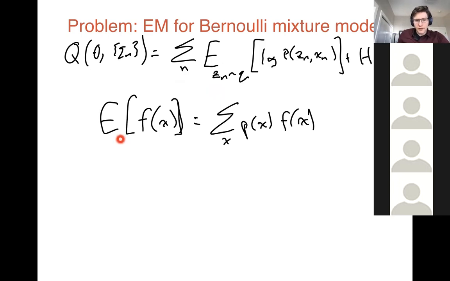Usually we don't have to write any subscript here because which distribution we mean, p of x, is implied. In the case of EM, I think it's helpful to do so. So in EM, we're specifically assuming that z_n is distributed according to these particular distributions, q_n.